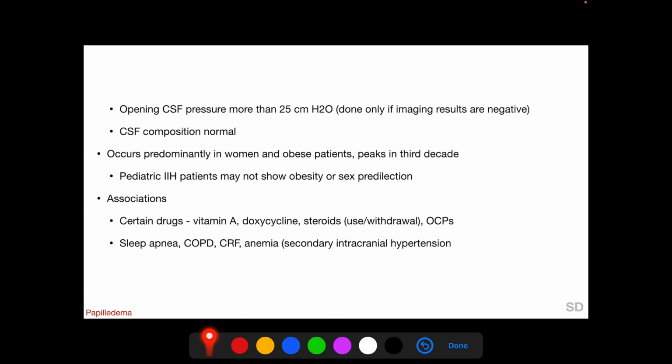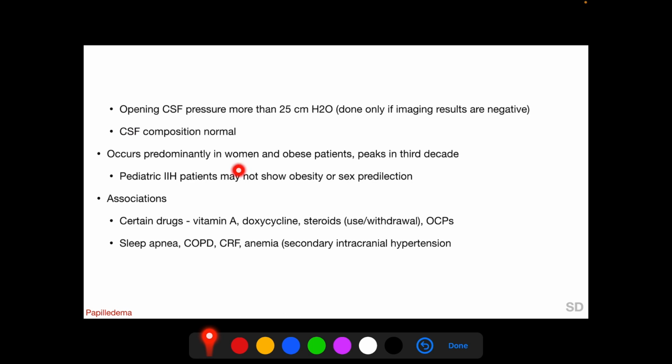The opening CSF pressure is more than 25 centimeters of water and is done only if imaging results are negative. If imaging results are positive, we must never do a CSF tap. And the CSF composition is normal in idiopathic intracranial hypertension.